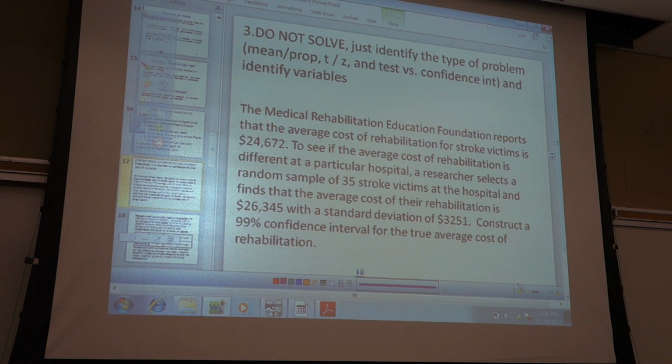The Medical Rehabilitation Education Foundation reports that the average cost of rehabilitation for stroke victims is $24,672.